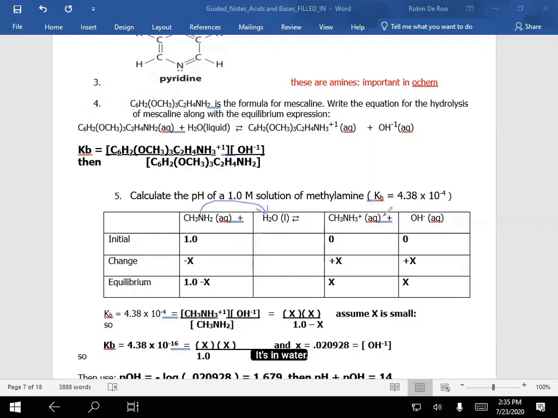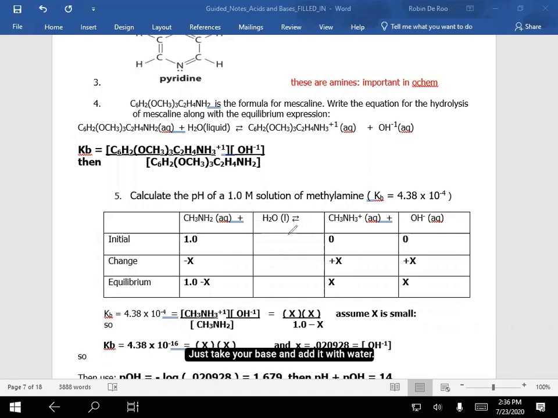It's in water. And then because the water has lost one of its hydrogen ions, we end up with hydroxide.